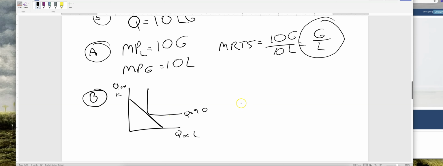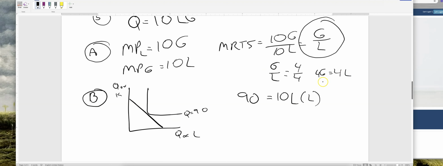What we need to solve for to fill out the rest of this is 90 equaling 10LG, because G over L is going to equal 4 over 4, so 4G equals 4L.